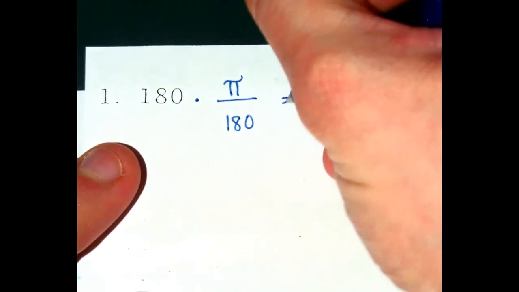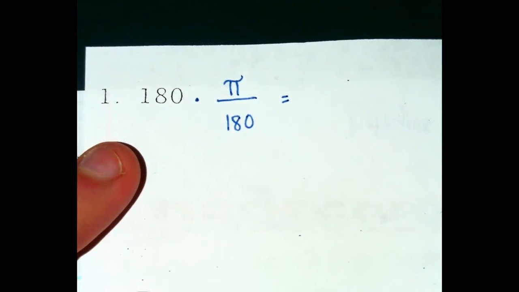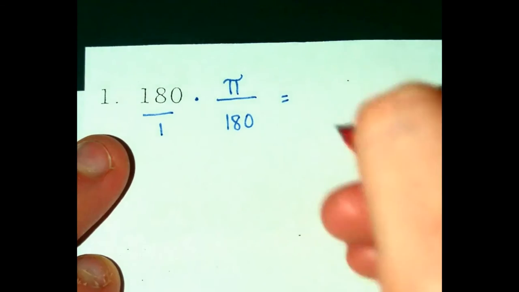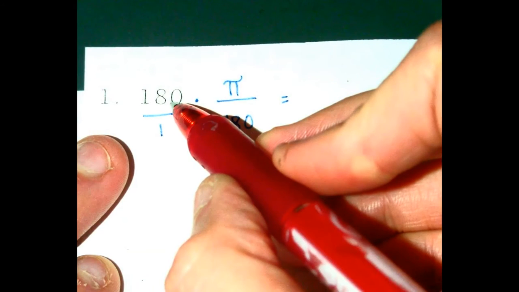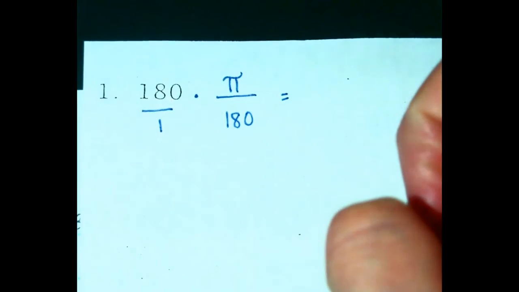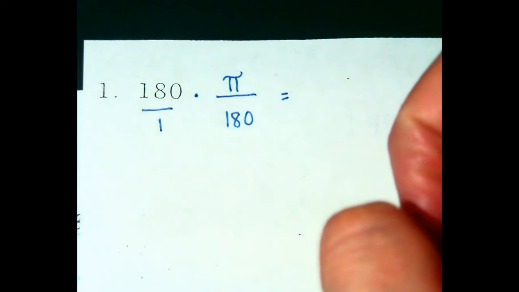180 degrees. So I'm literally going to take this and multiply it by pi over 180. If you need to add a 1 underneath, that's fine. When you are multiplying, if you have the same number up top as you do below, what happens with those two? Okay, now, you're used to hearing the word they cancel, and you hear that a lot.